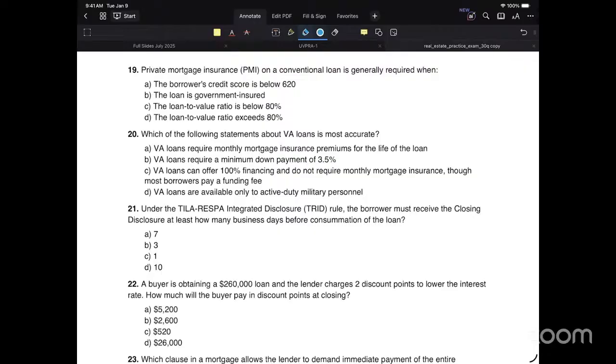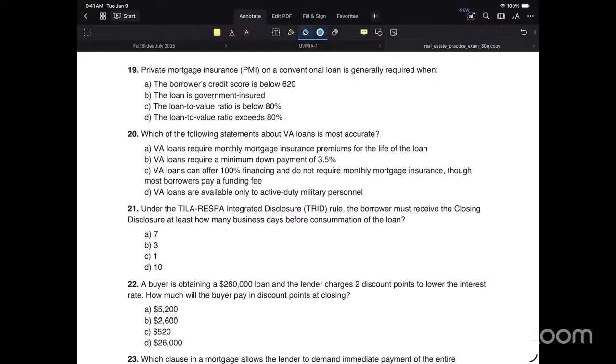19, finance. Private mortgage insurance, or PMI, on a conventional loan is generally required when? Because you know if it was an FHA loan, then it'd be MIP, right?